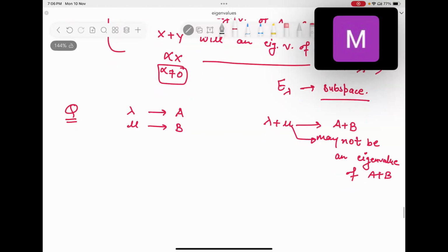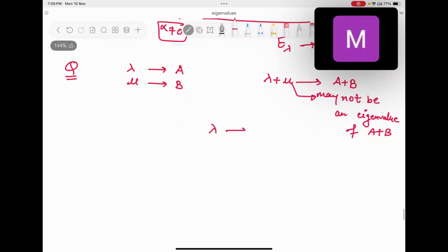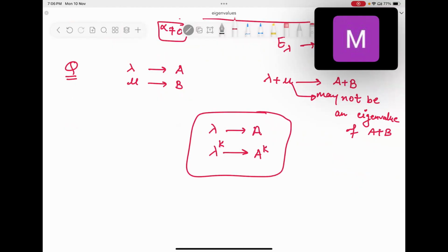Okay, but if lambda is an eigenvalue of A, then lambda to the power k will be an eigenvalue of A to the power k. This will hold.